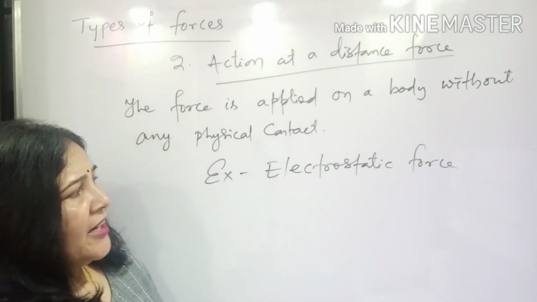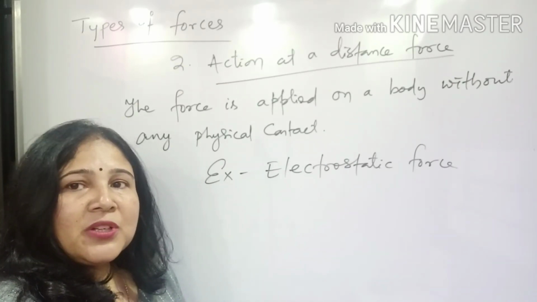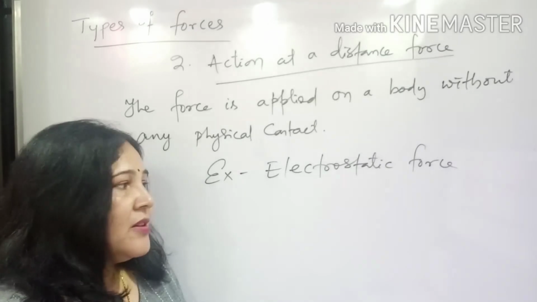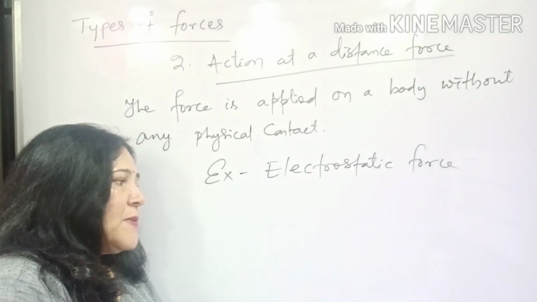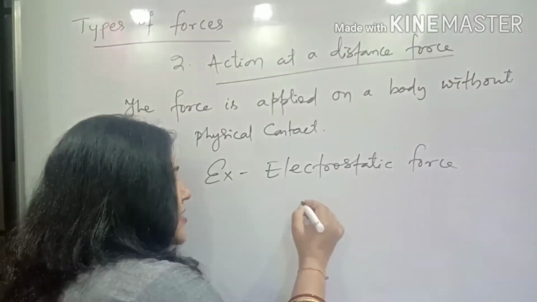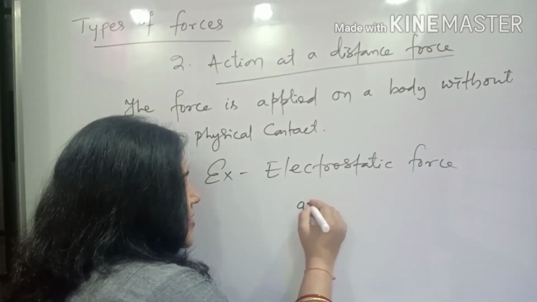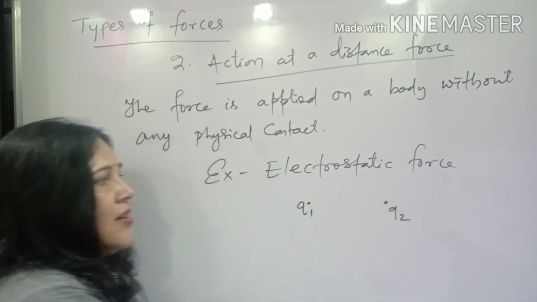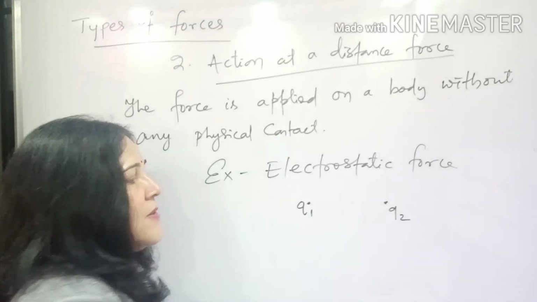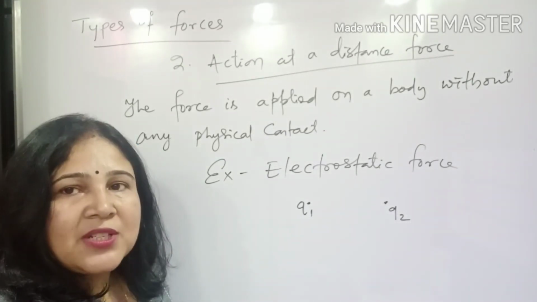Electrostatic force is the force of attraction or repulsion between two charges. When we take two charged particles, charge is denoted by the symbol small q. Let's suppose this is a charge q1, and there is another charge q2. There will always be a force of attraction or repulsion between them depending upon the nature of the charge.